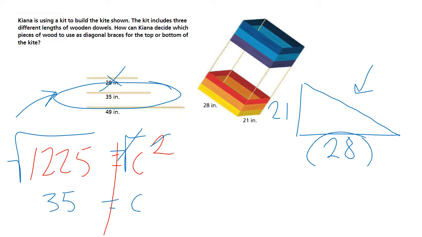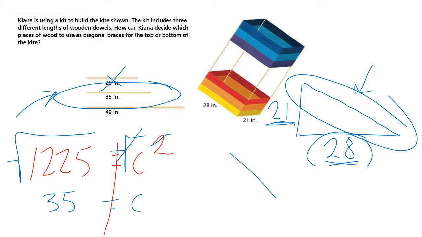And we know 49 most likely would not work because 21 plus 28 has to be a bigger sum than the hypotenuse to work. We remember that from 7th grade, the triangle theorem. So 49 can't be the answer either, so 35 is the most reasonable.